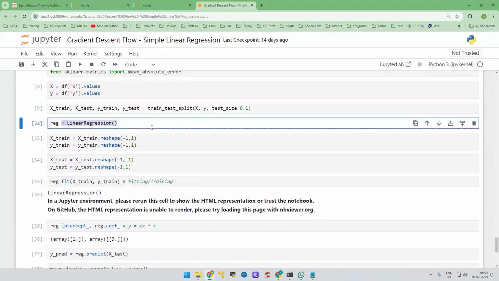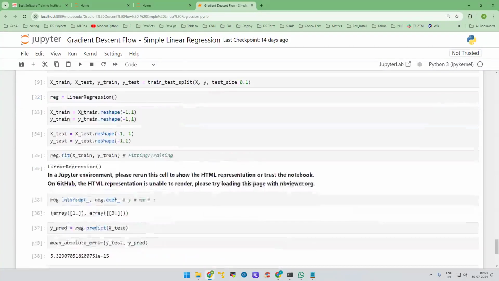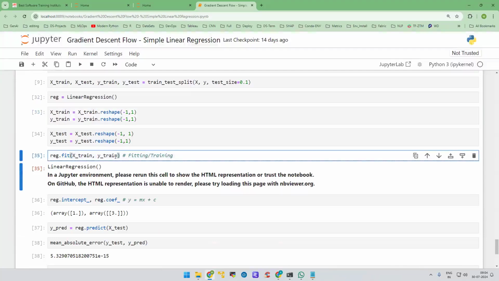So we can see that linear regression is being imported, and it comes from scikit-learn linear model. So we need a few reshapes here and there to make sure that the simple regression would take it as it is. Whereas the actual way of reformatting, you can follow the template.